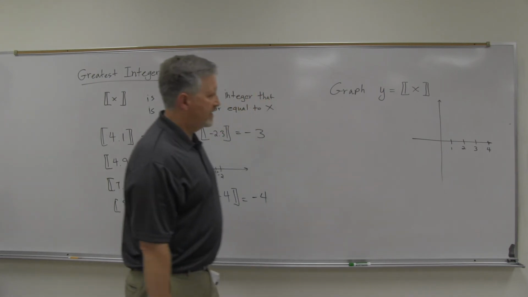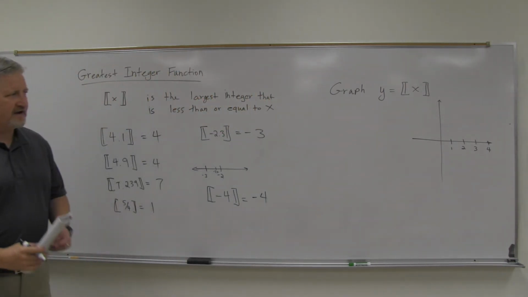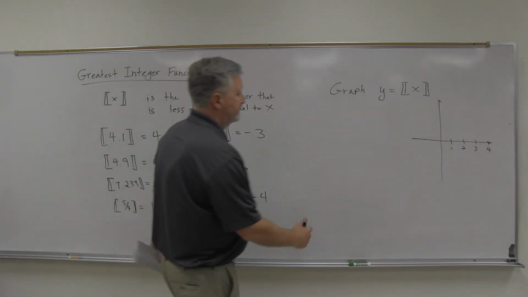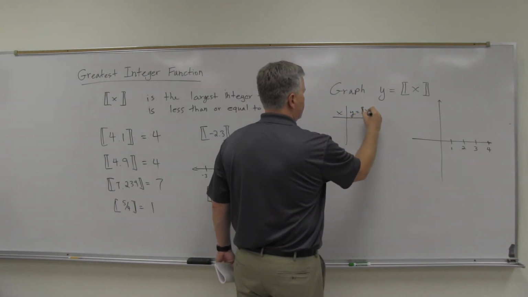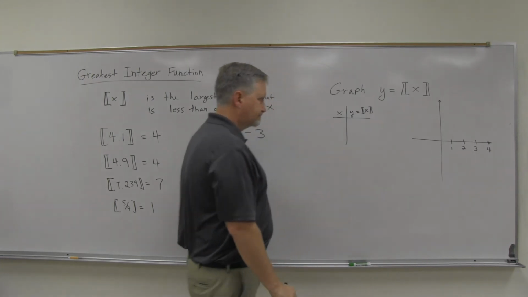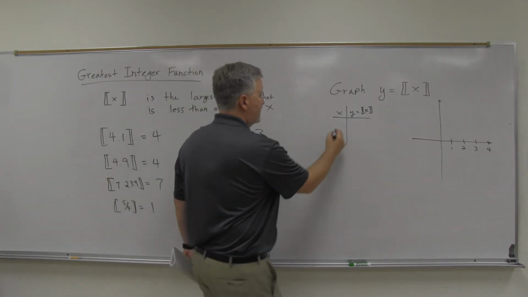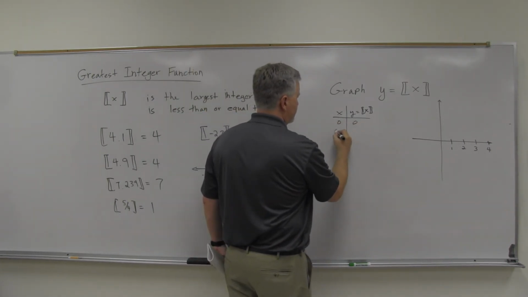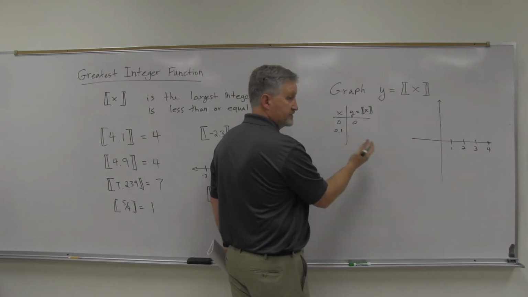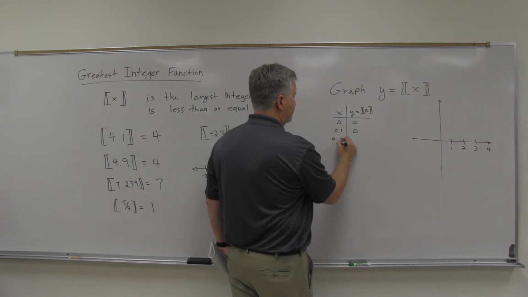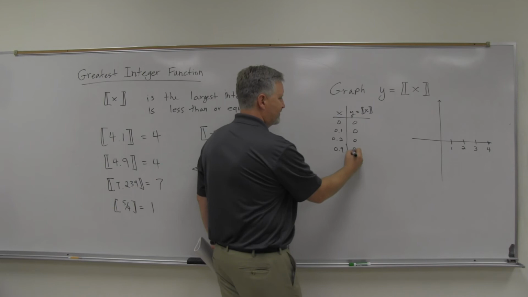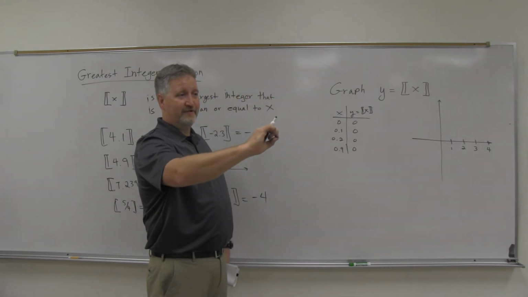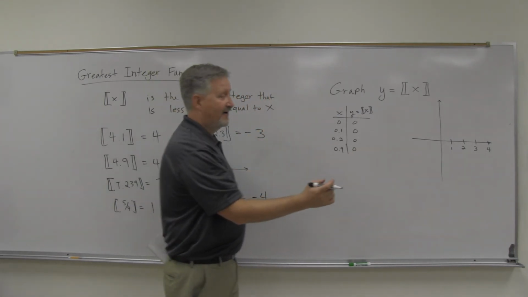Well, I think if we do a few, we can see the pattern here. Let's just think table here. Okay, so we're at 0, greatest integer is 0. 0.1, the greatest integer of that would be 0. 0.2, the greatest integer is 0. So yeah, 0.9 is 0. So we're hanging out at 0 for the y value until we get where?